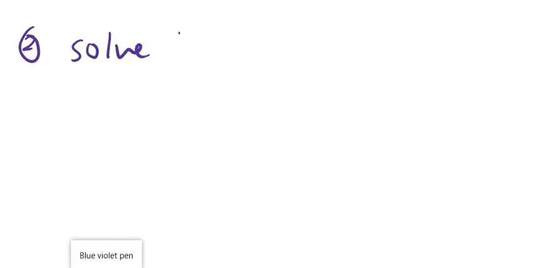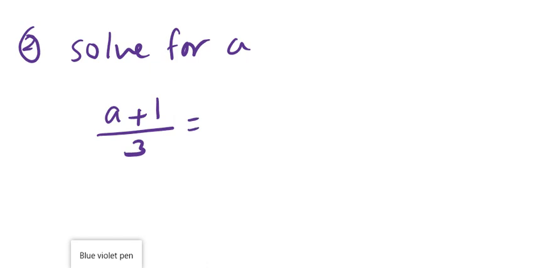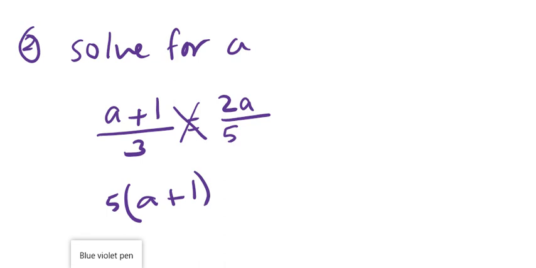Now for example, if we have another question, number 2, we want to solve for a. That means we want to find the value of a. If (a + 1) over 3 is equal to 2a over 5, by cross multiplication we will get 5 multiplied by (a + 1) equals 3 times 2a, which is 6a.